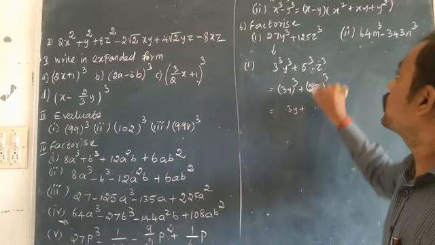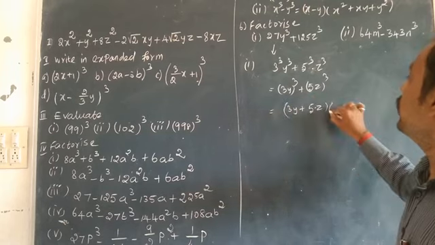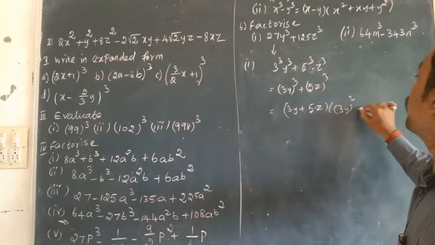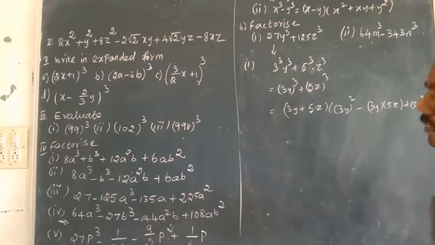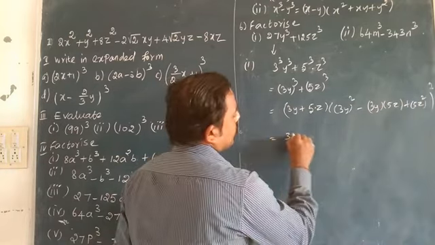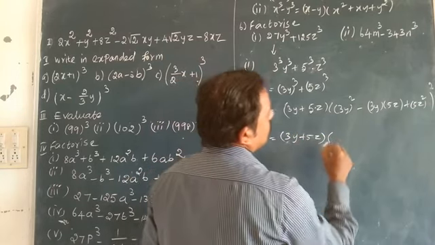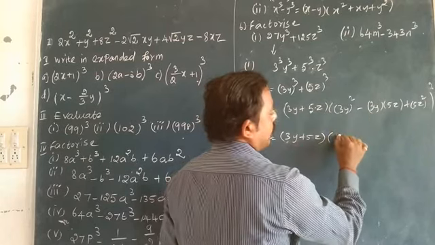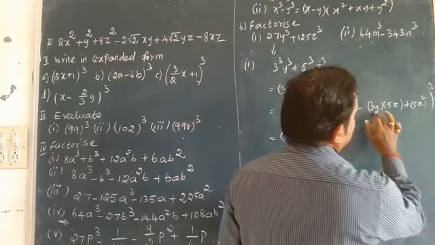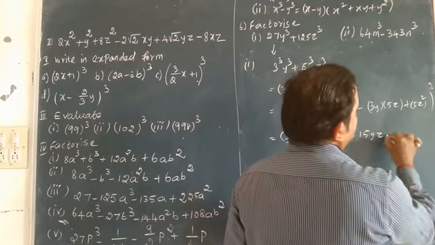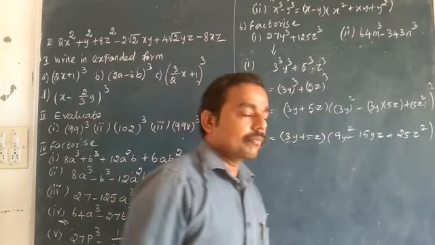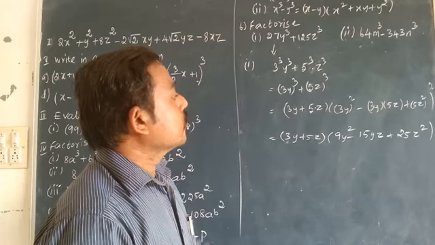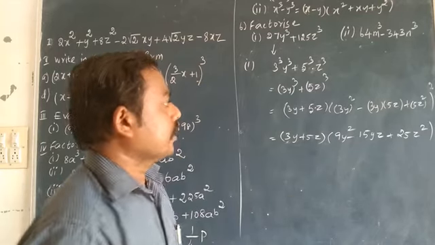So (3y plus 5z) into (3y) the square minus 3y into 5z plus (5z) square. So that is (3y plus 5z) into (3y) the whole square, 3 squared y square, so 9y squared, minus 3 fives are 15yz, plus (5z) whole square, so 25z square. That is 5 squared, 25. So this is your expansion.